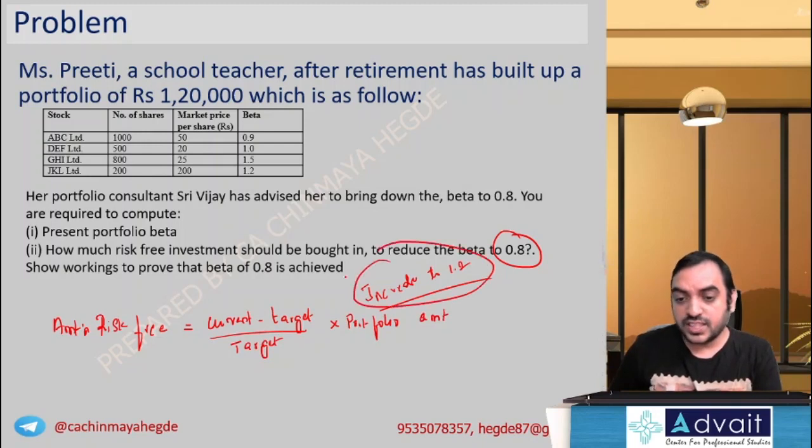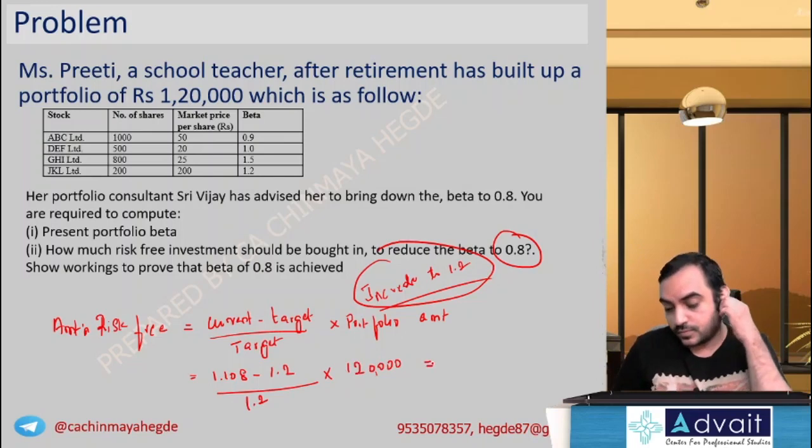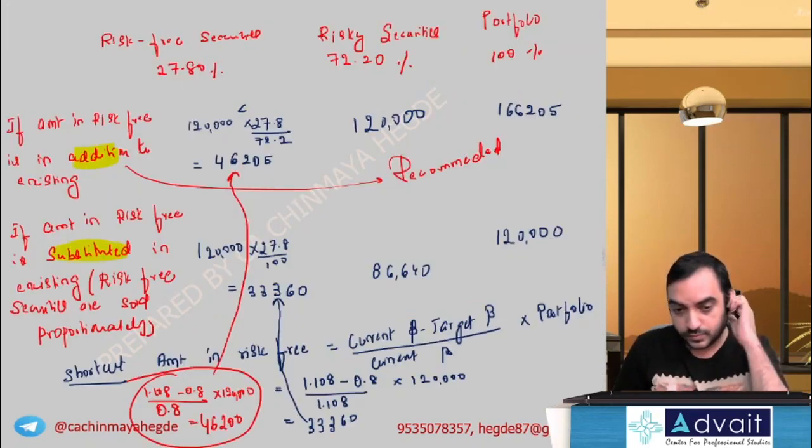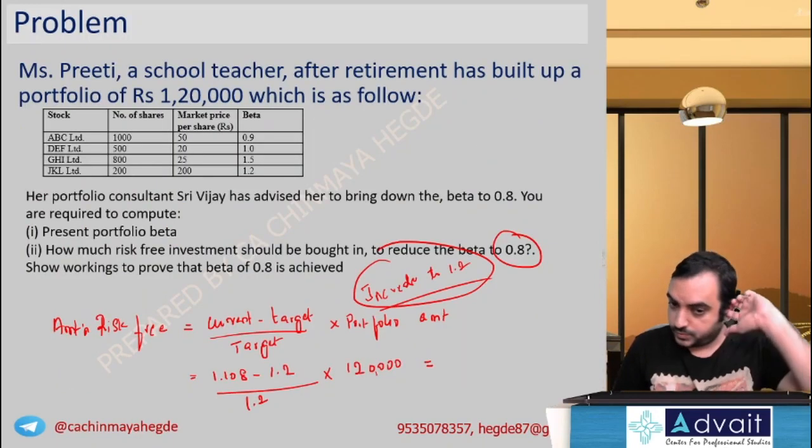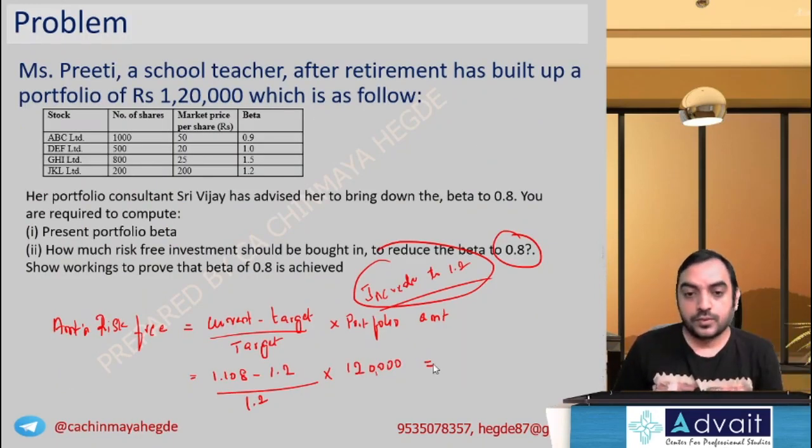If you want to increase the beta to 1.2, current is 1.108, target is 1.2, divided by target 1.2, into the portfolio amount 1,20,000. So how much do you get? 1.108 minus 1.2, divided by 1.2, into 1,20,000.